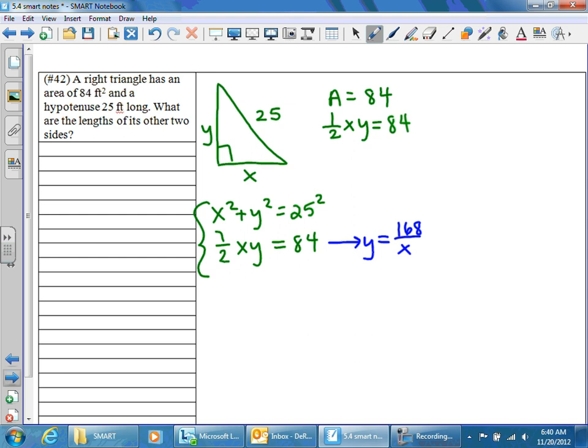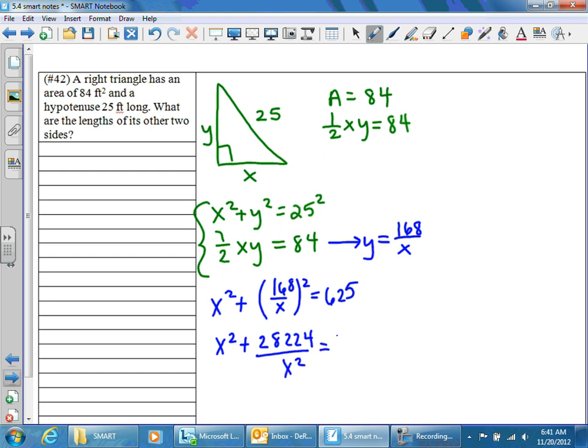So now I can go ahead and substitute that in and square this out. All right, and this does not look very fun to work with.